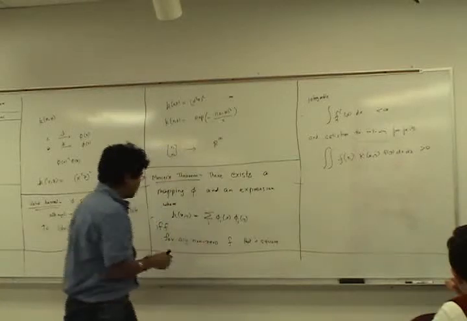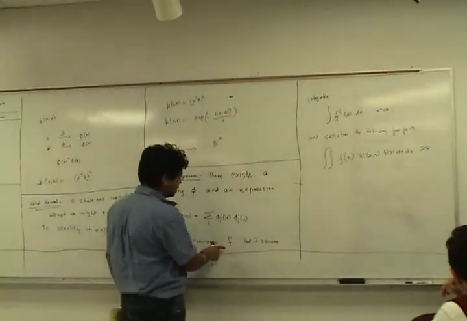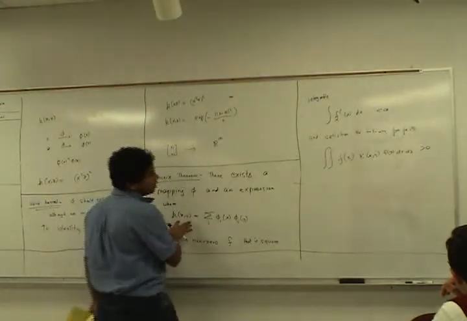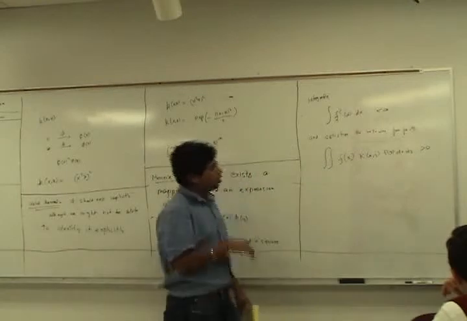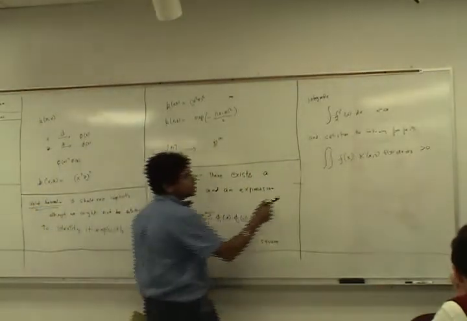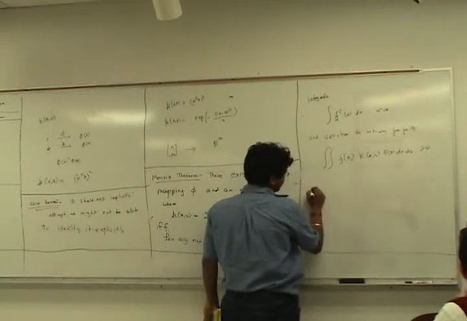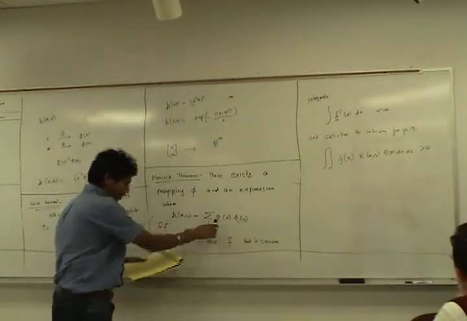So you take any non-zero function that is square integrable and integrate this equation, and if this is satisfied for all choices of f, then the kernel is called to be a valid kernel, and then there exists a mapping phi.